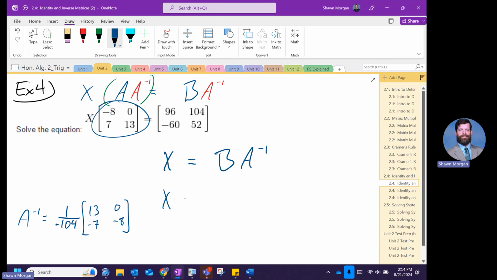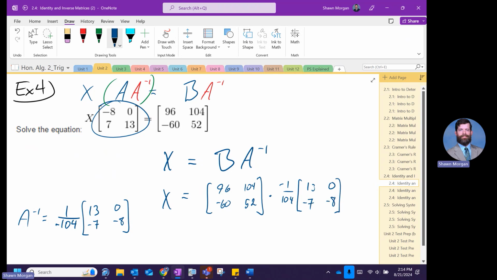X now is going to equal 96, 104, negative 60, 52 times negative 1 over 104. I like my negatives up top. 13, 0, negative 7, negative 8.